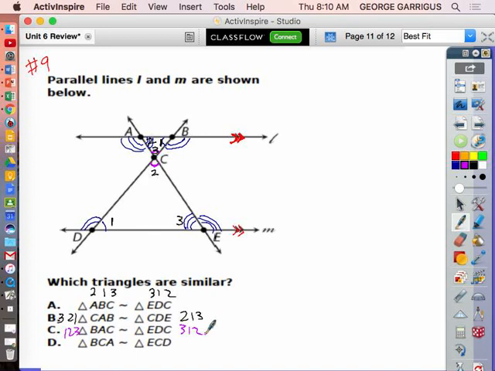BCA is 1, 3, 2, and ECD is 3, 2, 1. Okay. Well, if we're looking for the triangles in exactly the same order, then we have not found one that lines up exactly. We will return to this problem in class, and I will cover it in class.